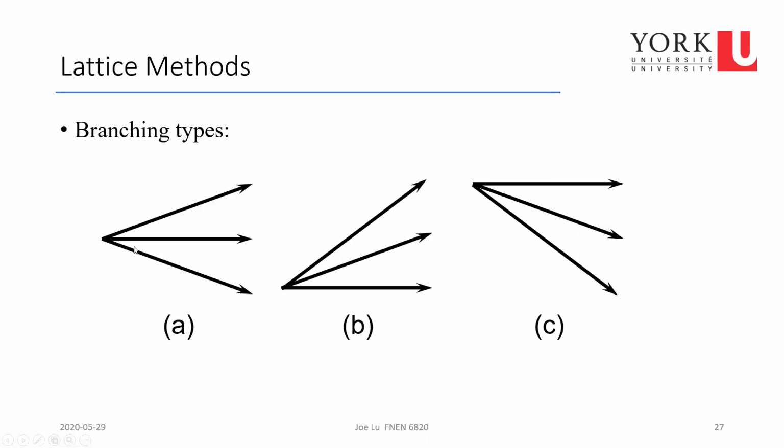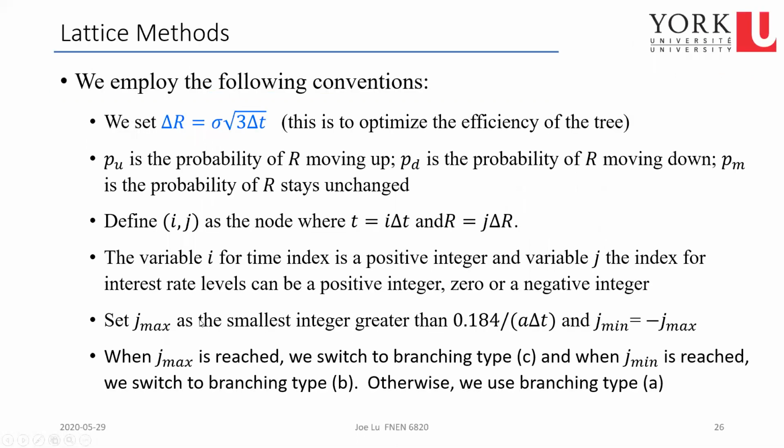We have to determine when we use the type A branch, when we use type B, and when we use type C. To do that, we have to define some values called j max and j min. j max is some integer that is greater than this value: you calculate 0.184 divided by a times delta t.